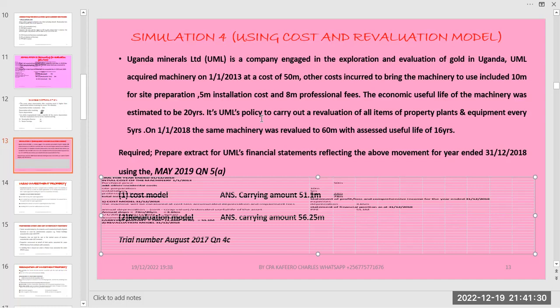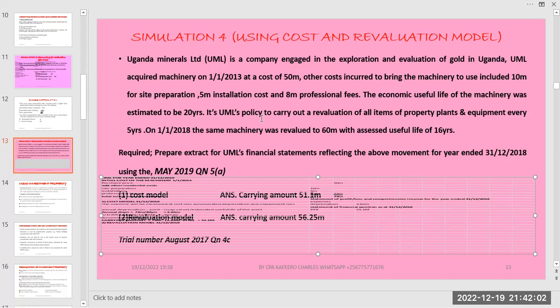So we are supposed to first deduct the depreciation and we get the carrying amount of that asset at the same date when the revaluation took place. When we get that, we compare to find out whether the asset has had a gain or it has been revalued downwards. So that's basically what you can look at.